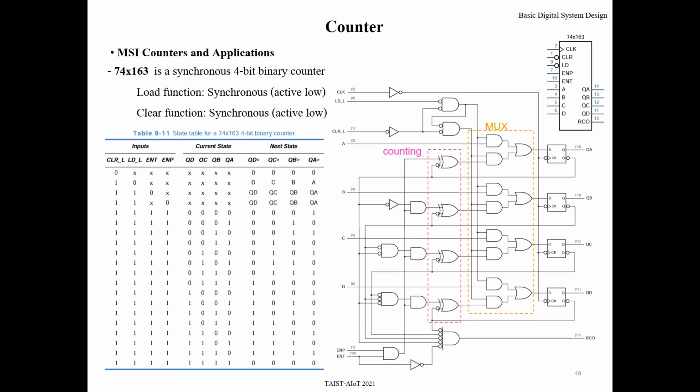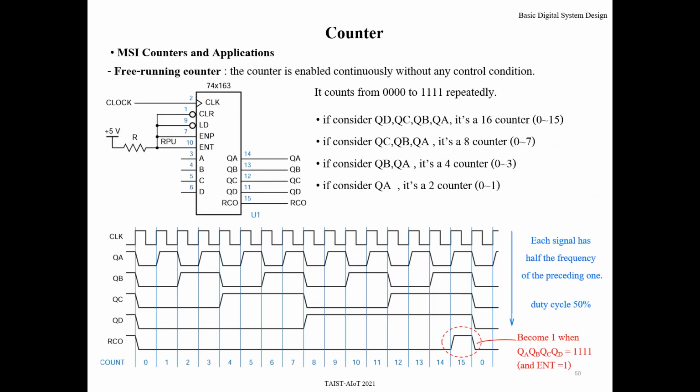It's an indicator to tell whether the counter is in its last state or not. If QD, QC, QB, QA is 1 1 1 1, RCO becomes 1. If not, RCO is 0.